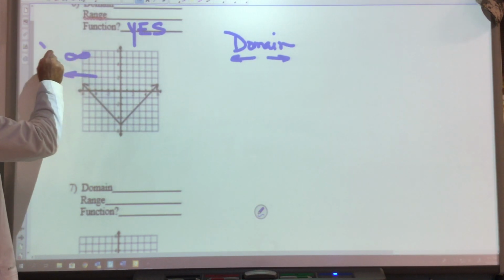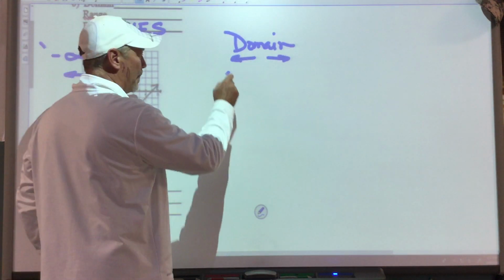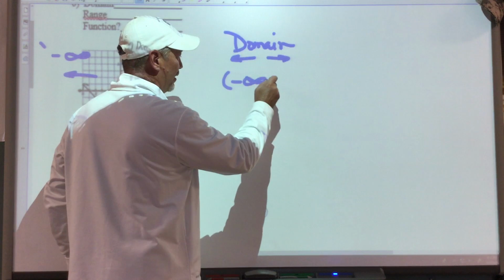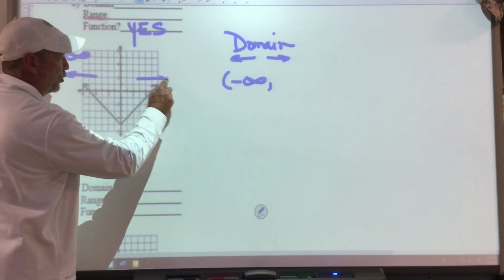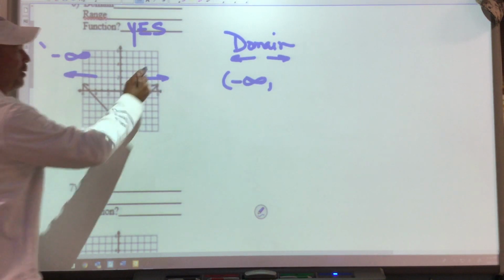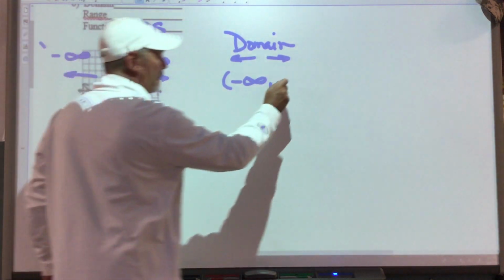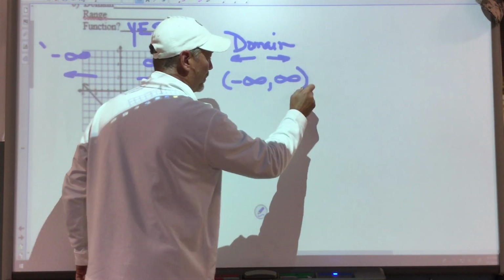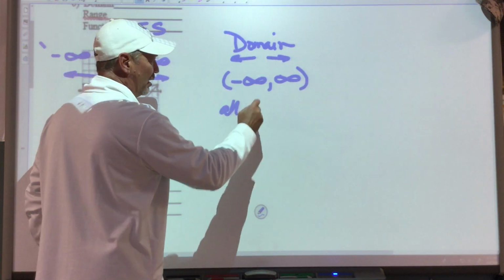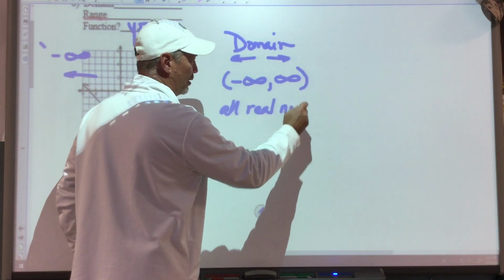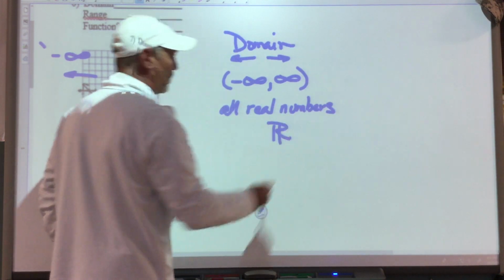And since it's going this way to the left on our number line, we would say negative infinity. Even though it's at an angle, how far to the right will I go? Positive infinity. It's going forever to the right. And again, in this situation, we could say all real numbers, or we could use this symbol.